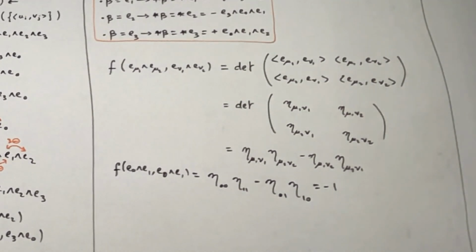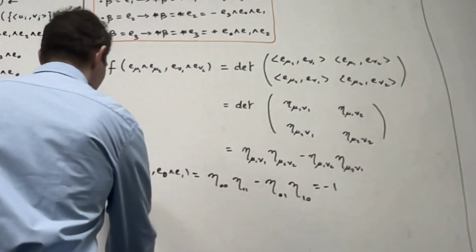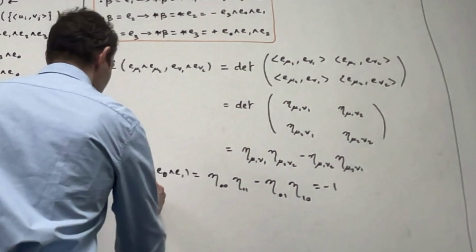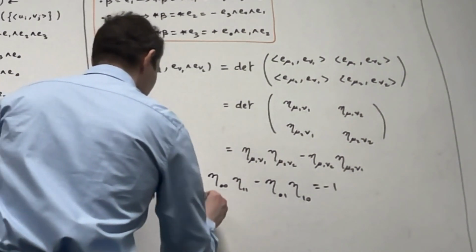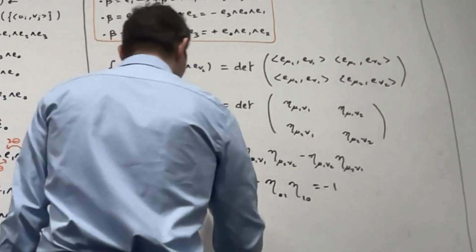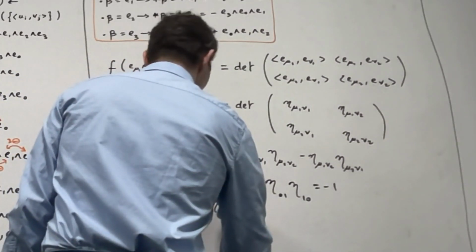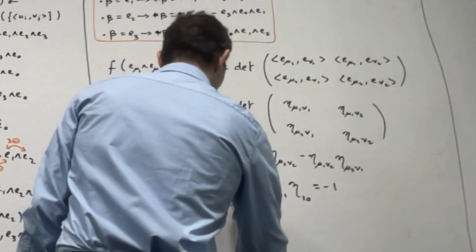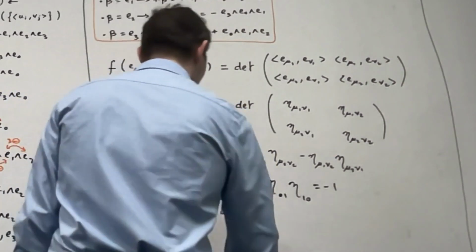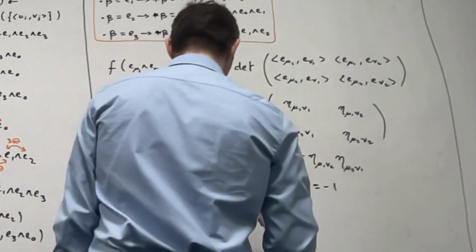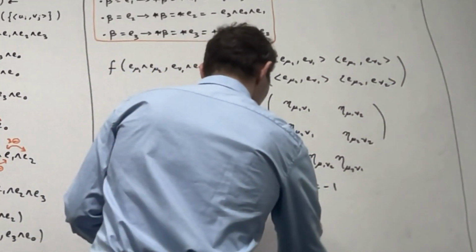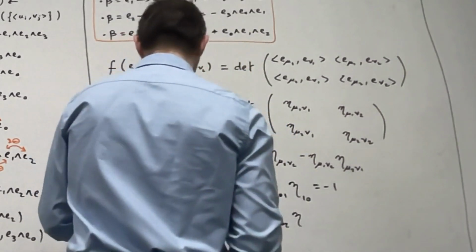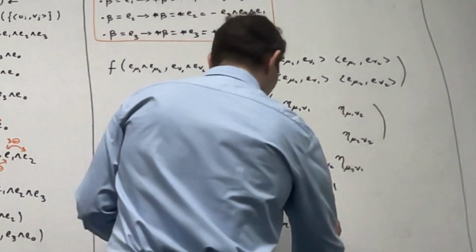So here we've got e0 e1 and e1 e2. So we've got f of e0 e1 and then e1 e2, and that's going to be equal to eta 0 1 eta 1 2 minus eta 0 2 eta 1 1.